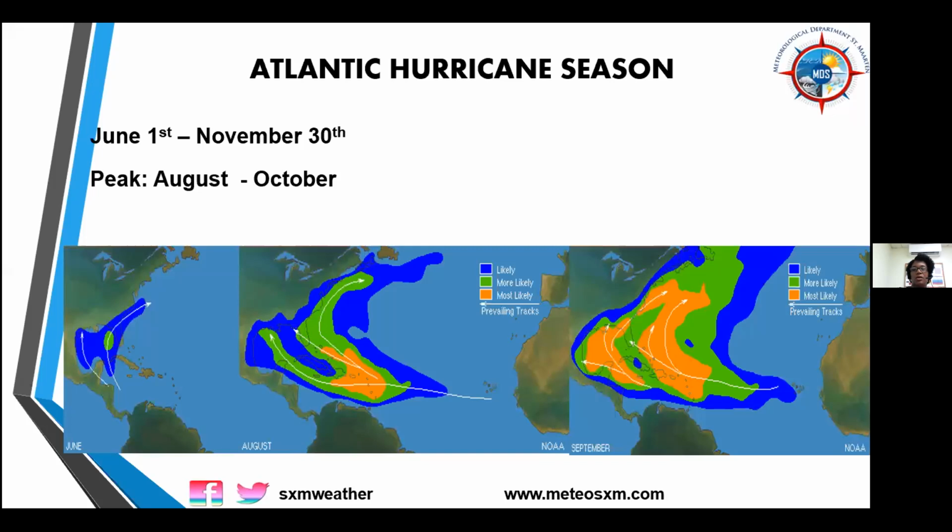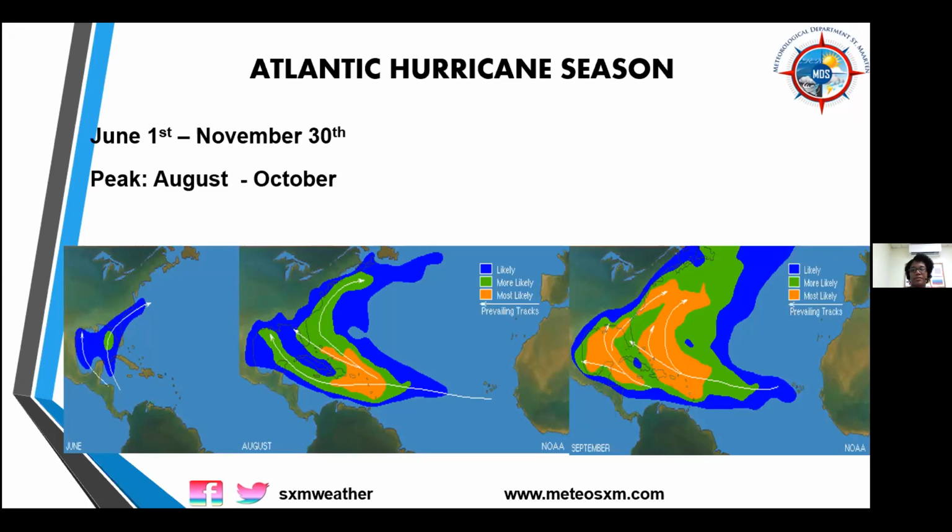Okay, the Atlantic hurricane season. It starts from June 1st to November 30th. This is just the period of time within a year that you find most often that hurricanes and storms develop, but they can develop at any time, any month of the year. For as far as the records go, a storm has developed in every single month of the year.